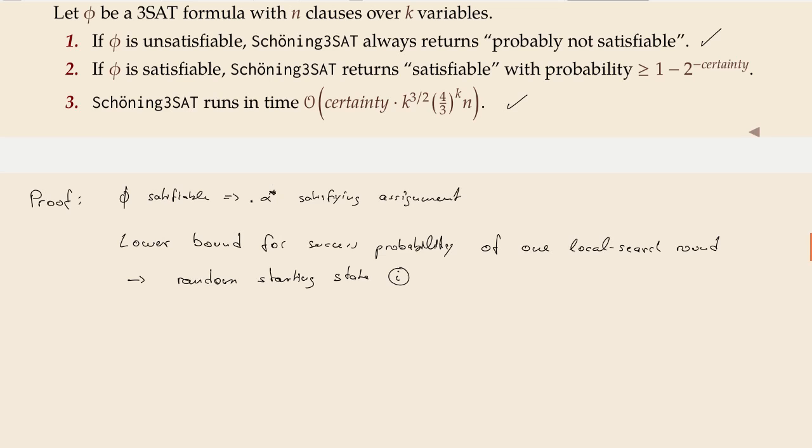So if you keep this alpha star fixed, then i is just a binomial distribution, where for each variable you have probability 1/2 to pick the right assignment or the wrong one. So we can already note for reference the probability to start in this state i is k choose i, and because the probability is 1/2 in both cases, it's just 1/2 to the k.